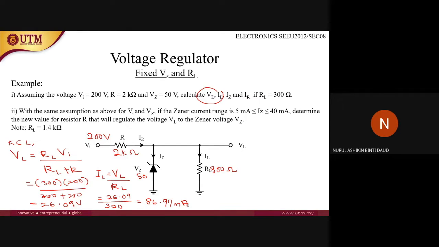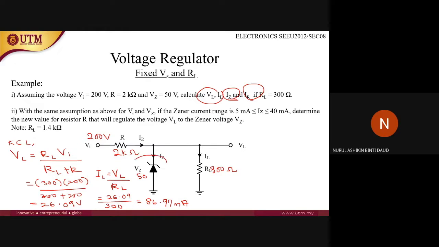Next, for IZ and IR. Can you calculate them now? Can you measure what is the value of IZ and IR?